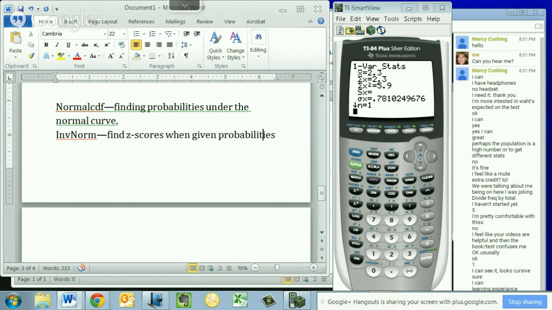You can either use it to find z-scores or you can use it to find percentiles. And that's pretty much it.